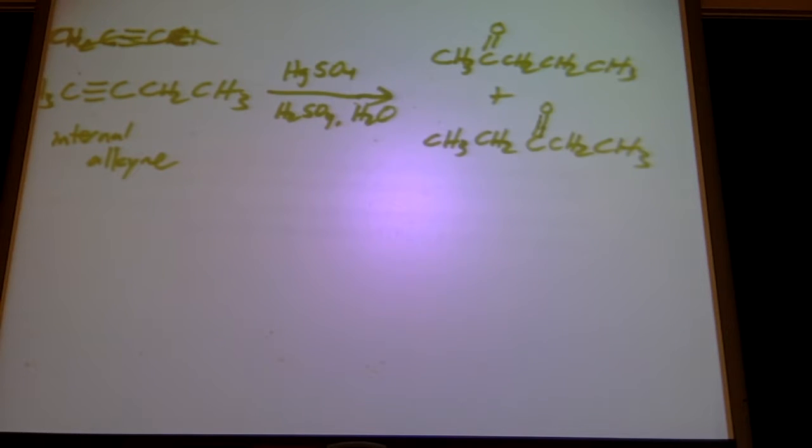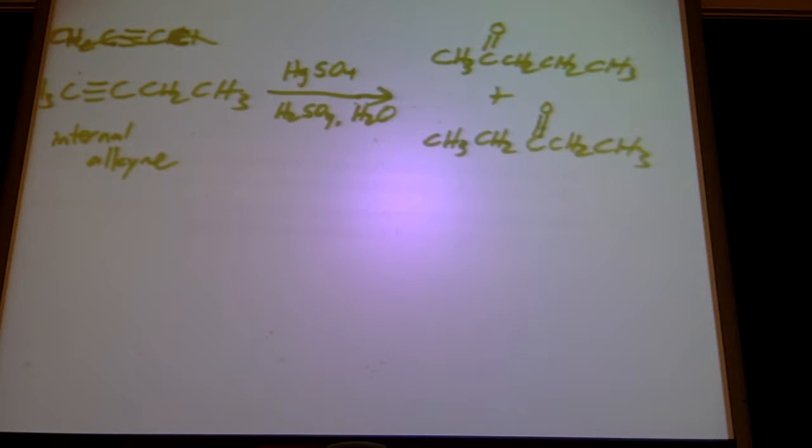Hydroboration-oxidation may also be used in the same way as the alkene conversion to add the hydroxyl group to the least substituted position of the triple bond, so anti-Markovnikov addition. And again, you see the enol tautomerized to the keto form, which in this case, it's going to be the least substituted. It'll be an aldehyde if you have a terminal alkyne.